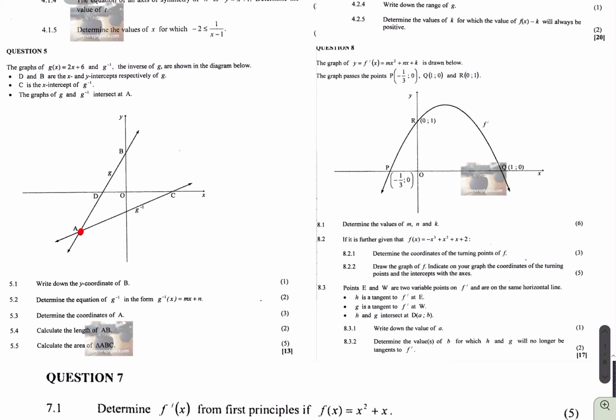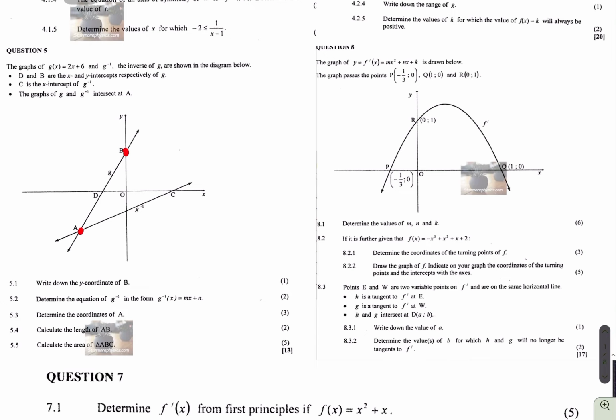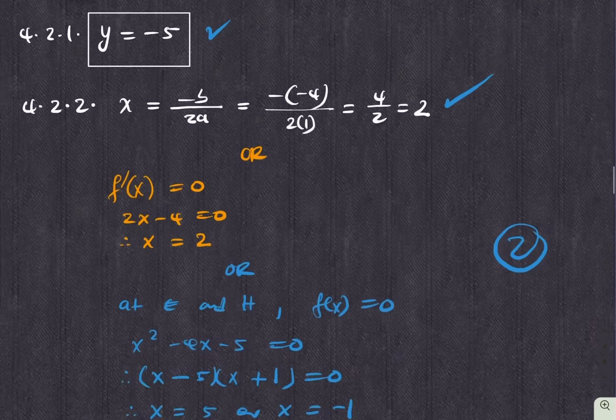Now they say calculate the length of AB. Well, the length of AB, you can't fail to do that. It's the distance formula. The answer is 2 marks. It's really easy. So I'm going to do it in a simple way. The B there is 0 and 6, and A we have just found, and there's 2 marks.